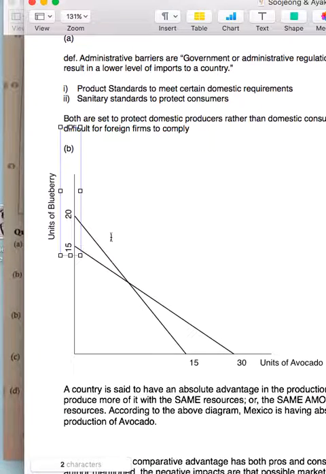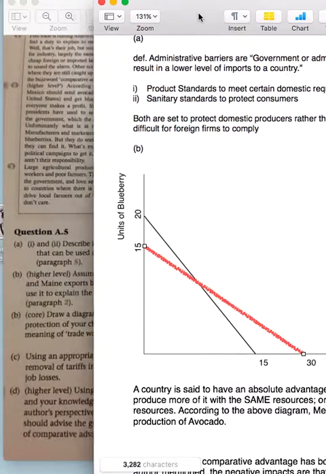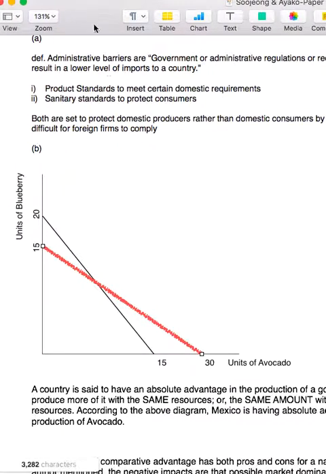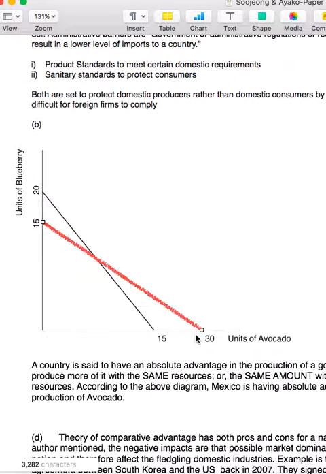This line represents Mexico, because when Mexico produces 30 units of avocado, the opportunity cost of doing that is 15 units of blueberry. So they have an absolute advantage in producing avocado.